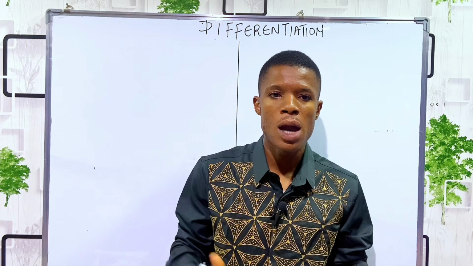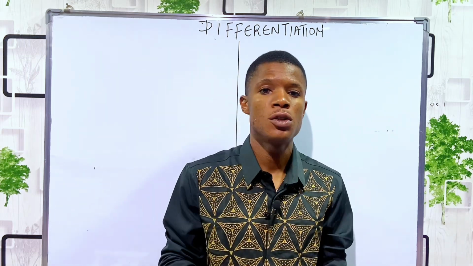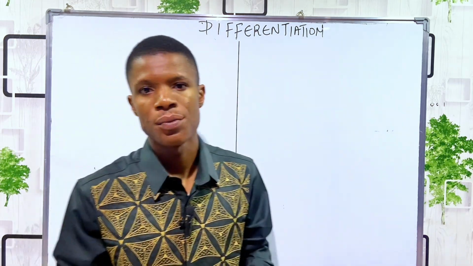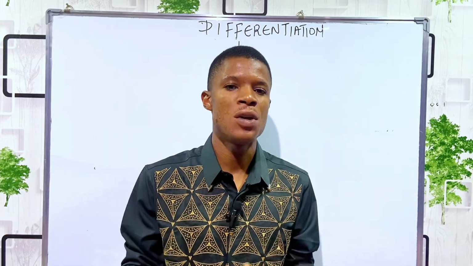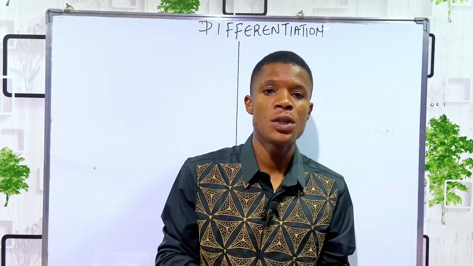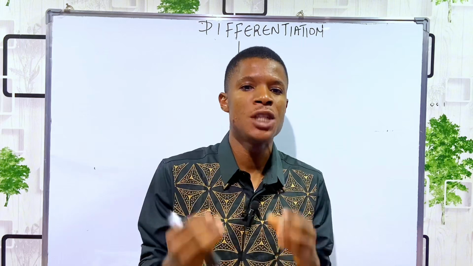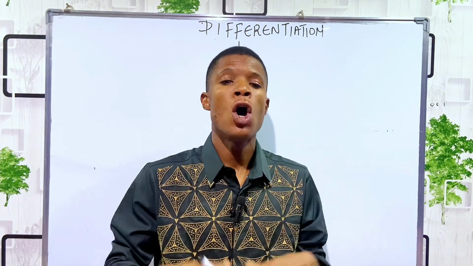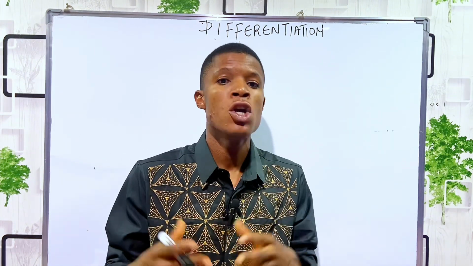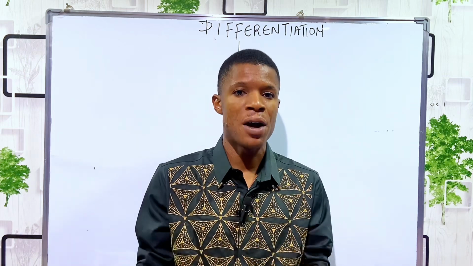In this video, we are going to do the introduction to differentiation. What is differentiation? Differentiation can be seen as the rate of change of a parameter or variable with respect to another parameter or variable.